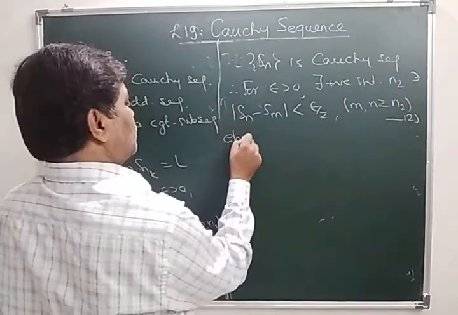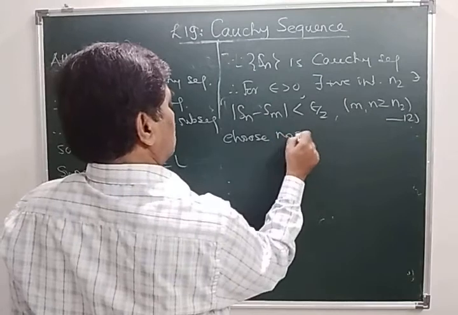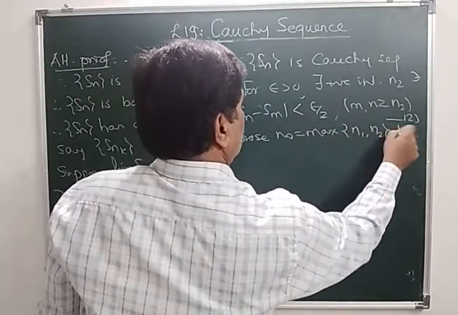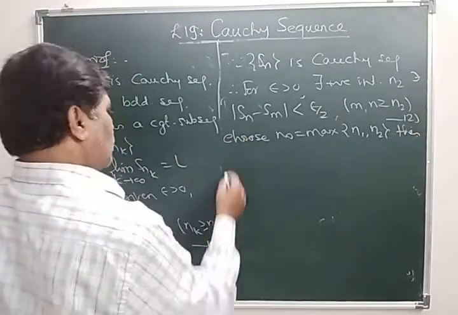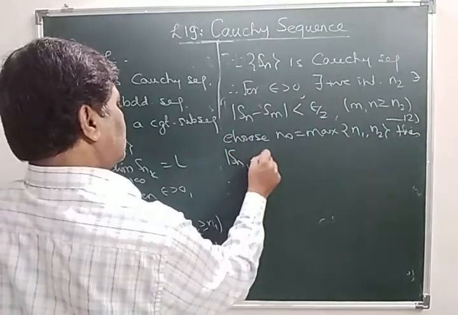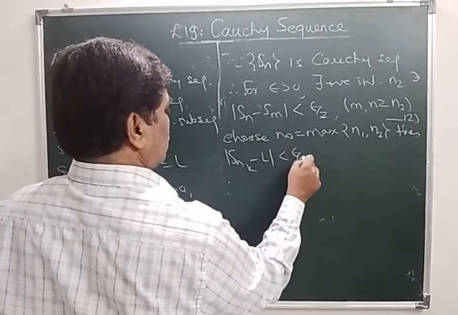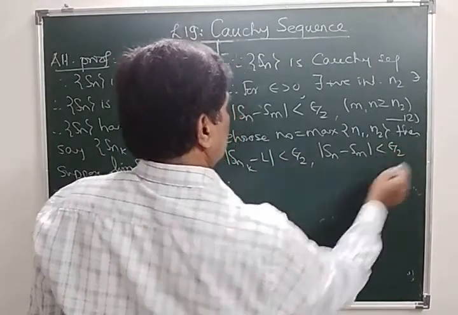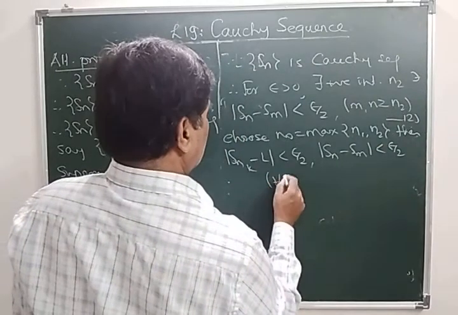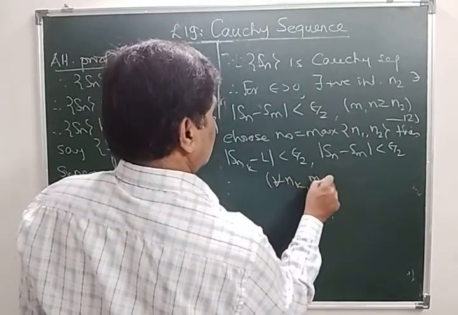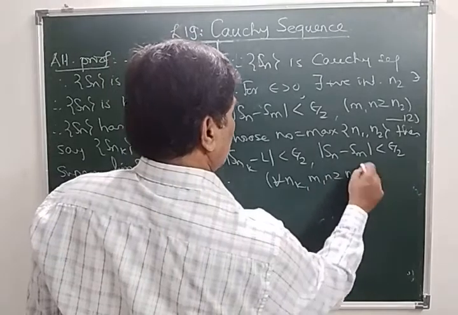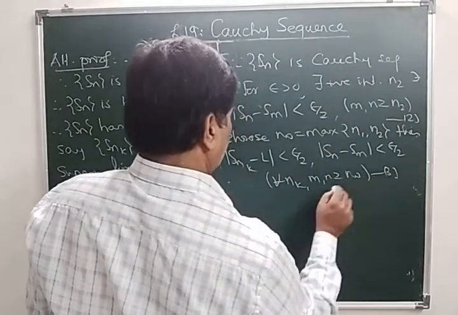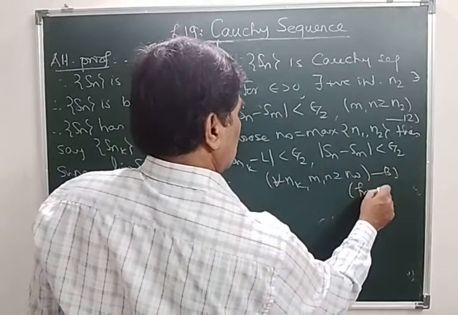Choose n0 equal to maximum of n1, n2. Then mod Snk minus L is less than epsilon by 2, mod Sn minus Sm is less than epsilon by 2 for any nk, m, n greater equal n0. Okay, this is 3, from 1 and 2.